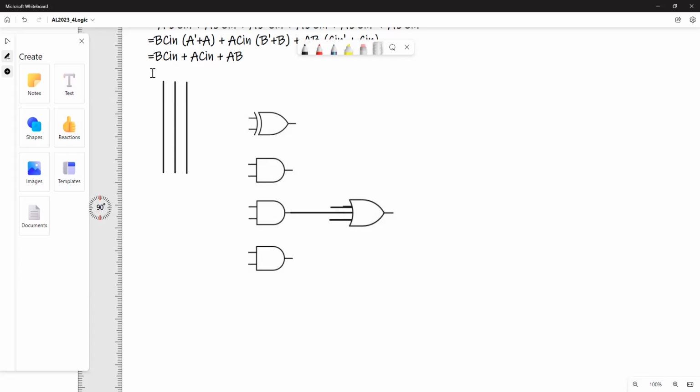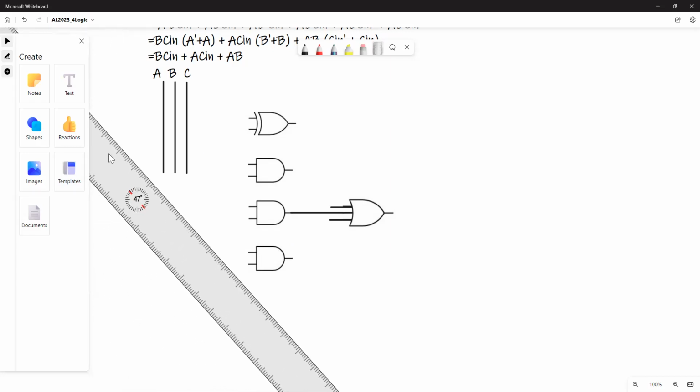So let's see, we have A, B, C. So those are the inputs, right? Now let's connect them.